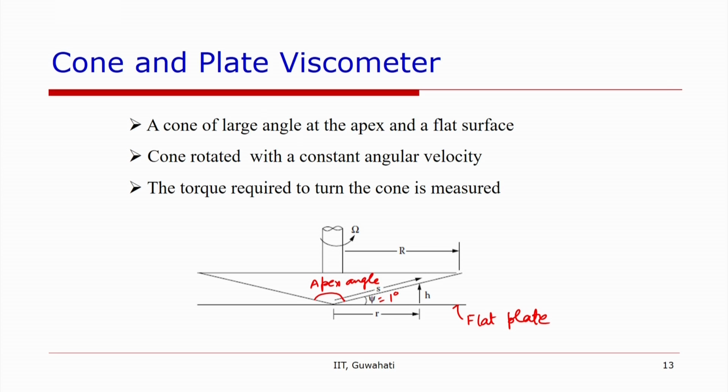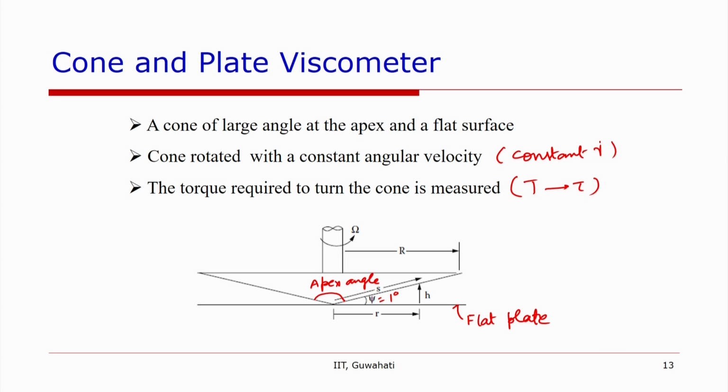So the cone of very large apex angle and a flat surface, this is the arrangement, and the cone is rotated with a constant angular velocity, which gives us a constant shear rate, and the torque required to turn the cone is measured. So from the torque one gets tau.